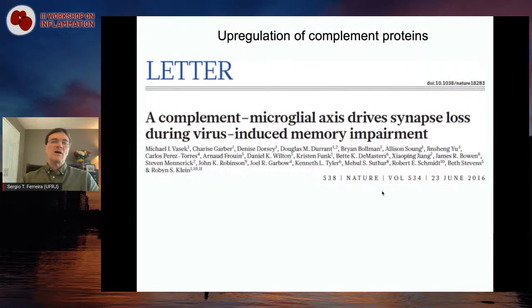Indeed, we were stimulated by the fact that a couple of years before, there was this nice paper by the group of Robyn Klein showing that in infection by West Nile virus, there is a microglial-dependent mechanism that really engulfs and phagocytoses synapses, and that this is triggered by complement and by the activation of complement, as is now thought to be the case in Alzheimer's again.